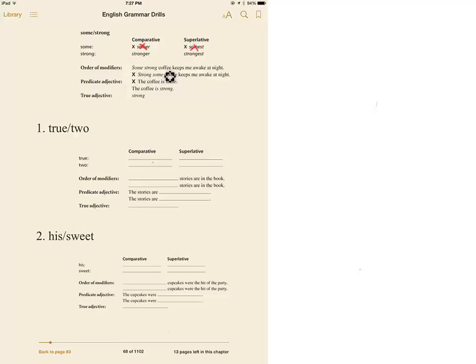Remember that the true adjective has to come right next to the noun it modifies. We cannot put the article or the determiner after that. And then of course, I cannot use it as a predicate adjective. The coffee is some. That doesn't make sense. So some is not a true adjective. But I can use strong as a predicate adjective, and they say, the coffee is strong. So that's a true adjective. And of course, for the true adjective, I write the word strong.